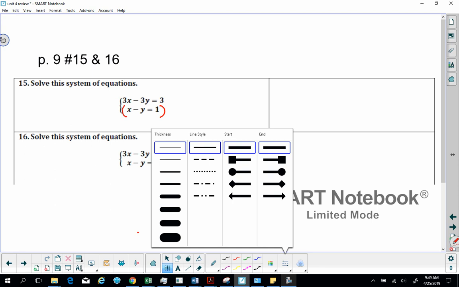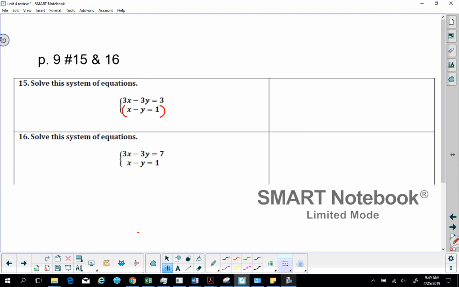By what? I heard it. By 3? If I multiply it by 3 and I add them, I'd end up with 6x. So instead I need to multiply by, I heard Michael, I think, negative 3. I heard negative from somewhere behind me.